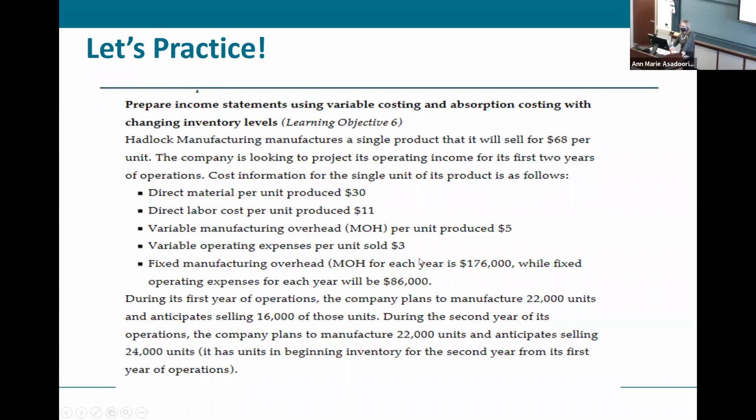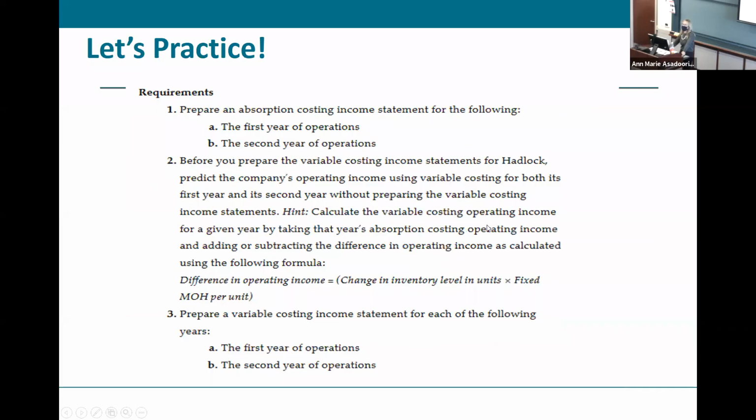So what we did here for this problem, and what I asked you to do, is calculate the income statement under absorption costing, right? So we calculate what the net income is going to be, and then before you prepare the variable costing income statement, I want you to be able to tell me what the net income is going to be. And then after you think you know what it's going to be, then prepare the income statement to go back and reconcile.